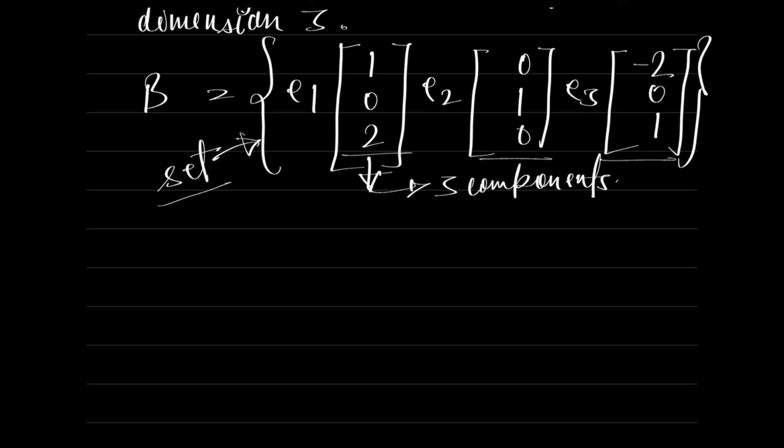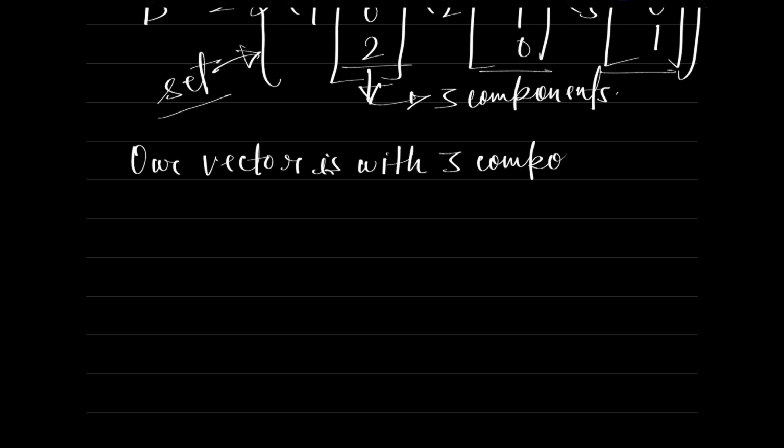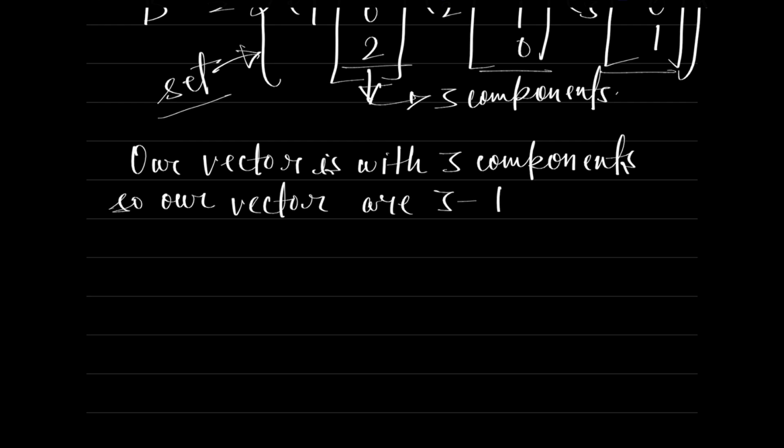Now our vectors are with three components, so our vectors are in three-dimensional space.